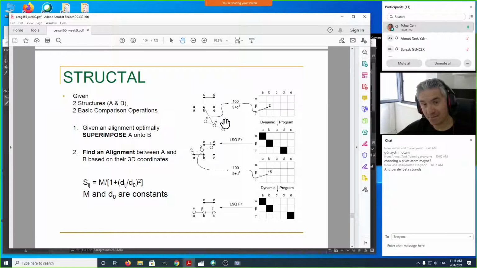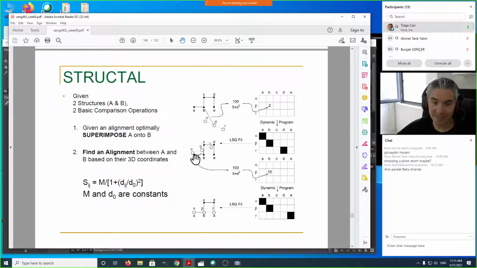But initially, since we don't see this and we want an automated method, we don't know alpha, beta, gamma should be matched with A, B, E. Say alpha, beta, gamma is matched with A, B, D initially in this random alignment. What we do is try to superimpose A, B, D with alpha, beta, gamma so that the matched ones are as close to each other as possible.